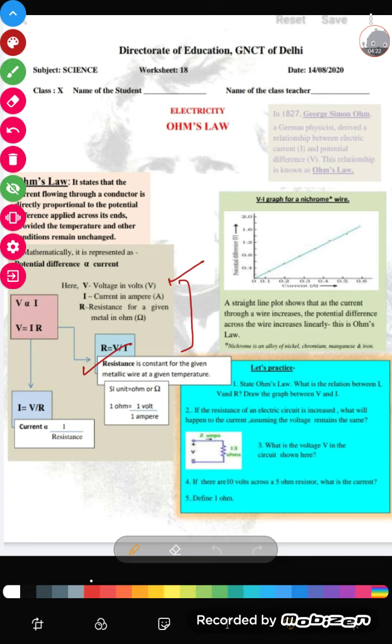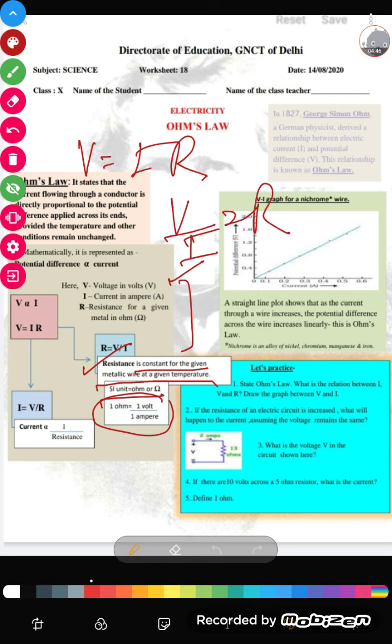So what is resistance? It is a constant for the given metallic wire at a given temperature, and its unit is ohm, as I told you. Okay, so students, if we would like to define 1 ohm, once again I'll write for you: V upon I is equal to R. And if I want to define this 1 ohm, then I have 1 volt upon 1 ampere.